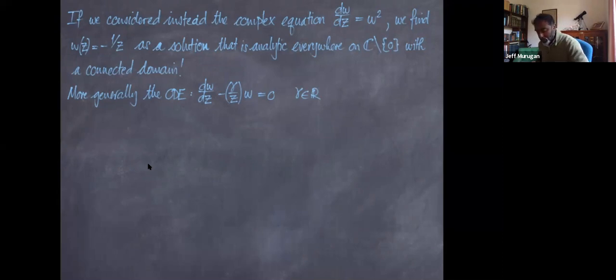I'm going to call this coefficient P of z, and that's just minus gamma over z. The key thing about this coefficient is that it's got a simple pole at z equals 0.